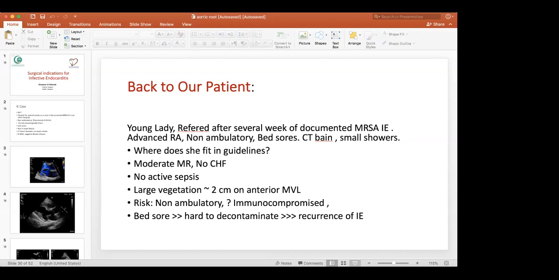They said that on CT scan there are small showers, which are found when you do MRI. She has been on IV antibiotics for 4 weeks, MRSA class 1, vegetation class 2B. But the problem with her is whether she is fit for surgery or not. She has an indication to go for surgery.